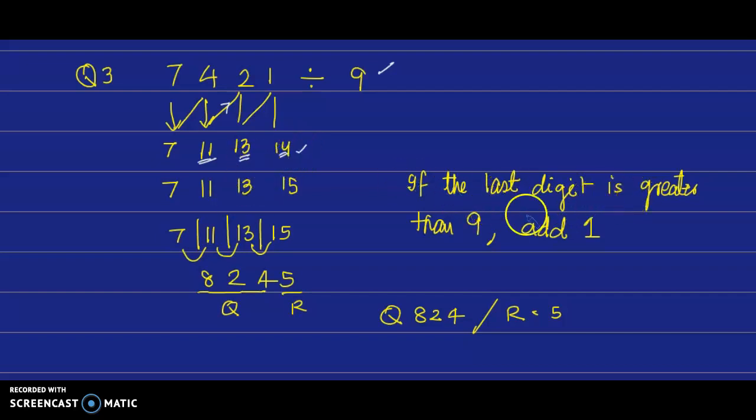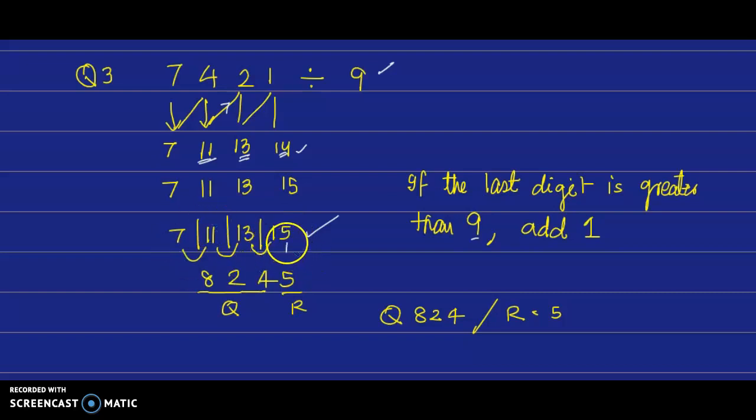If the last digit is greater than 9, you just need to add 1. So this 14 is greater than 9, so we will add 1 to this number. So our final set is 7, 11, 13 and 15. Again rewrite them as I have written here, and then you have to add it according to the way I am explaining.